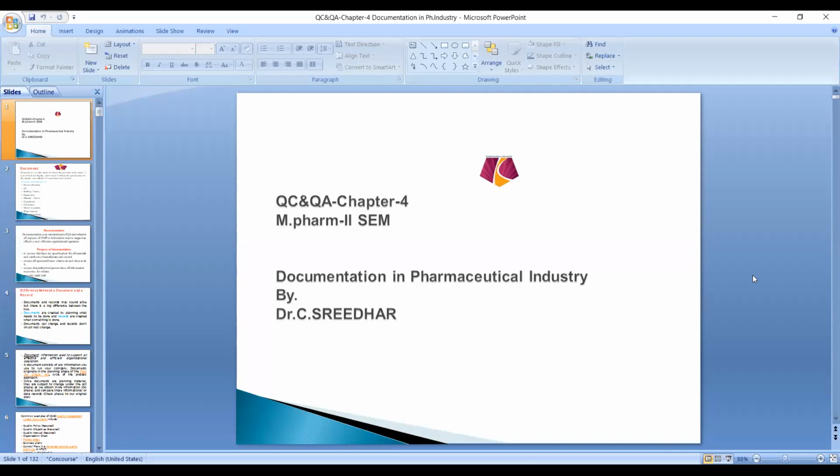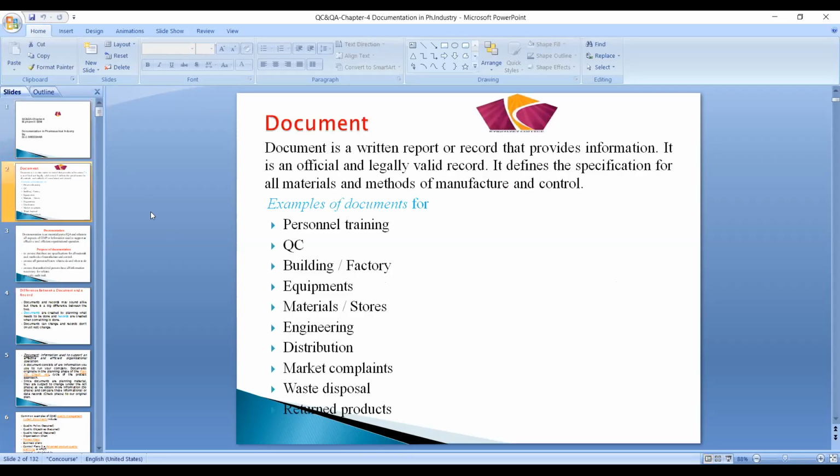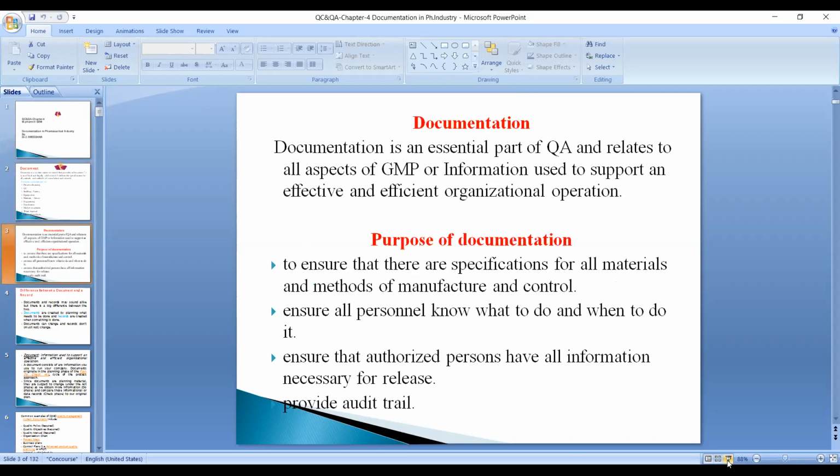So, what is the definition of documentation, different types of documentation, for example, personnel training, quality control, building, factory, equipment, materials, stores, engineering, distribution, market complaints, waste disposal, return products, and all.